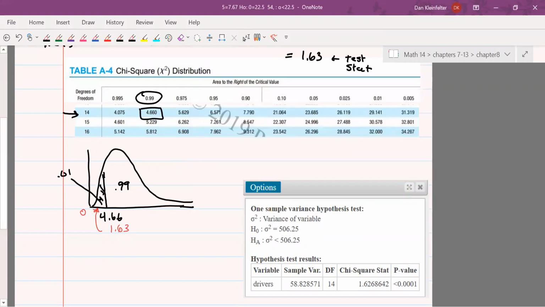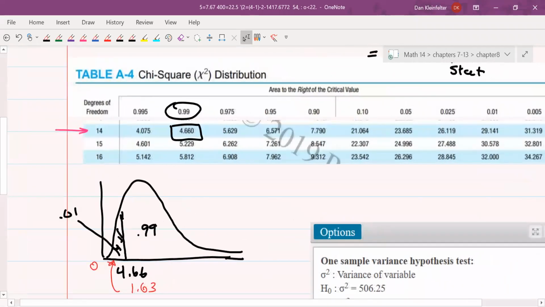So on this, our test statistic worked out to be 1.63. Okay, so in our row for 14, which was our degrees of freedom, we don't have a 1.63, right? The lowest we have is 4.075. If we did have a column that would work for this particular problem, it would have to be right here, right?